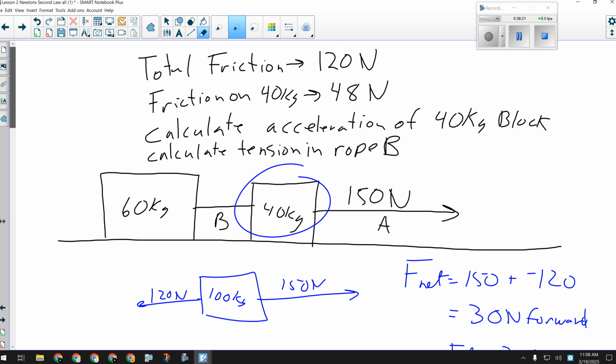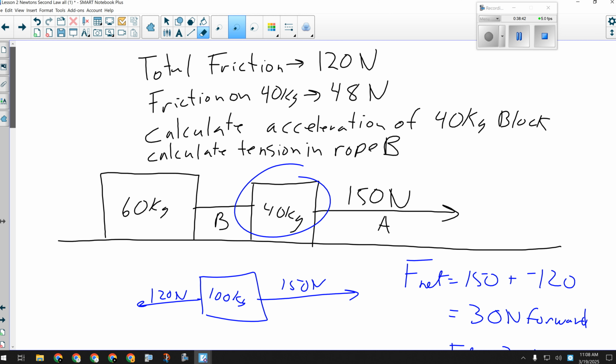Tension, we just said a minute ago, is a force that is kind of point of view related. That means that cable B is pulling forward on the 60 kilogram mass and backward on the 40 kilogram mass. Agreed?